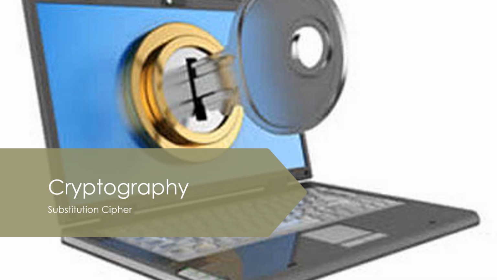As we know, cryptography is a technique to hide the data somewhere inside the message that is to be sent. So in this regard, today we'll discuss the substitution cipher.